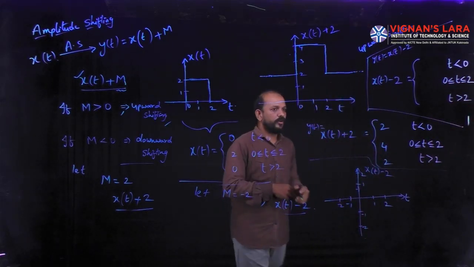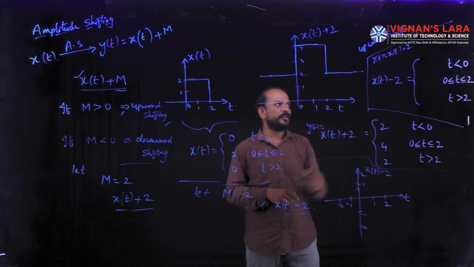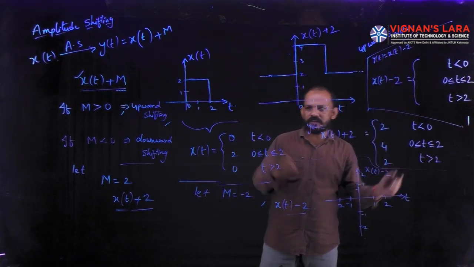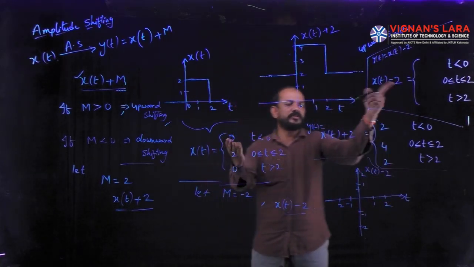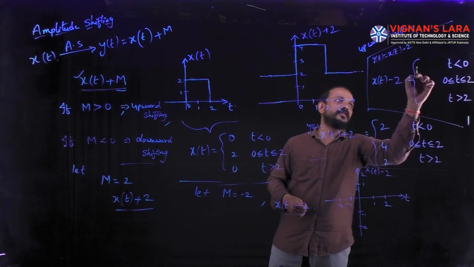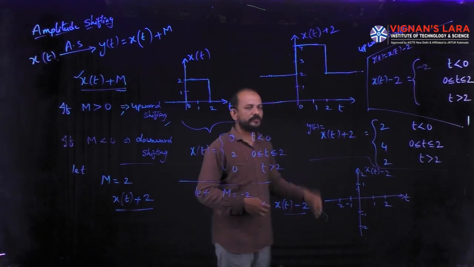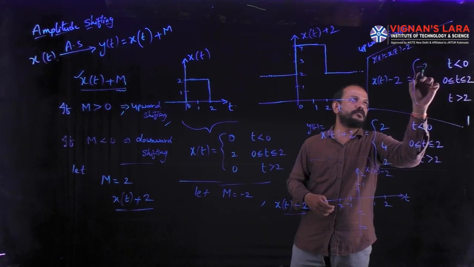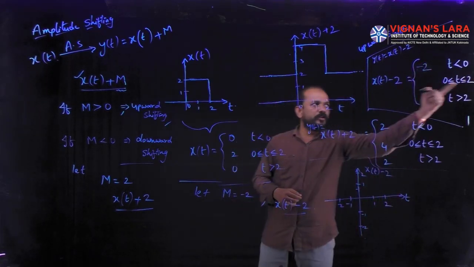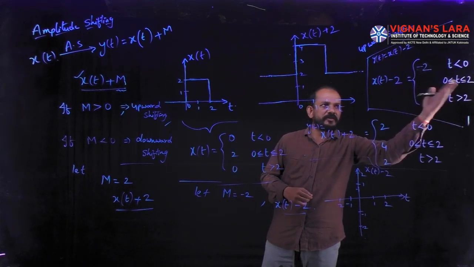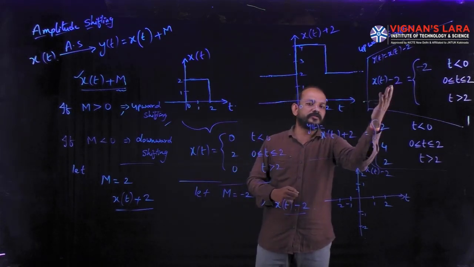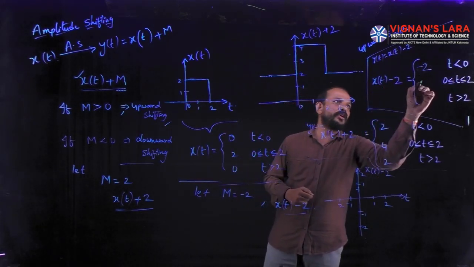Now x of t minus 2, simple. For t less than 0, what is the value of x of t minus 2? For t less than 0, x of t is 0, and 0 minus 2 is minus 2. Between 0 and 2, x of t is 2, so x of t minus 2 is 2 minus 2, which is equal to 0.